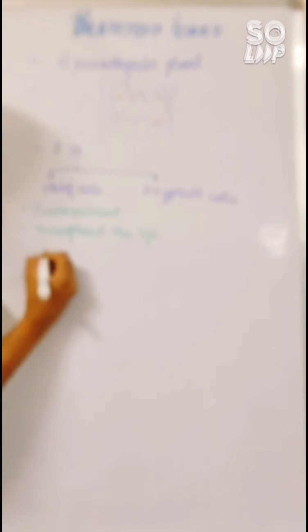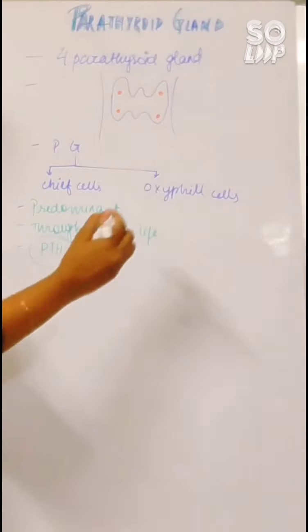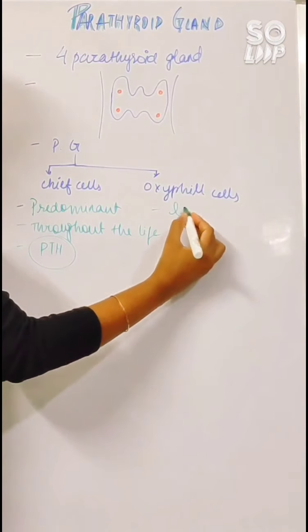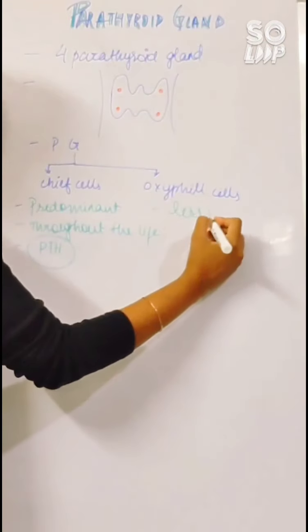They secrete parathormone or parathyroid hormone. The oxyphil cells are less plentiful, whereas the chief cells are the predominant ones.